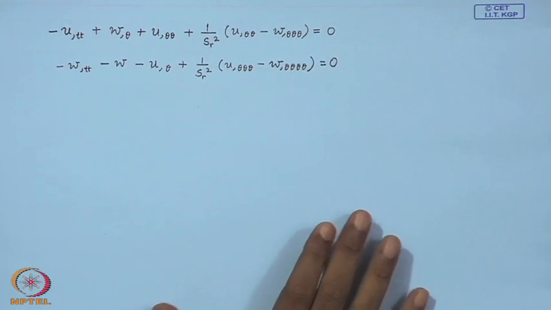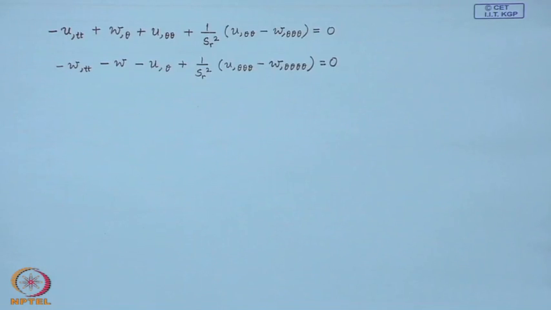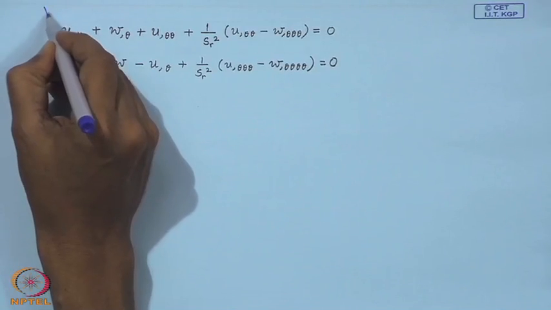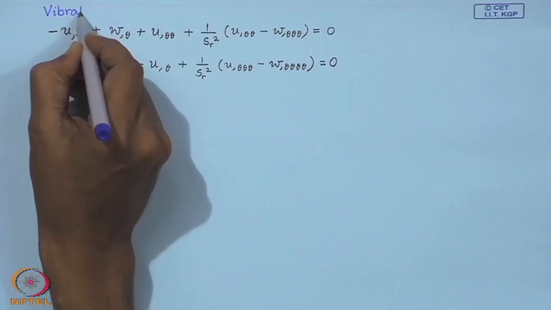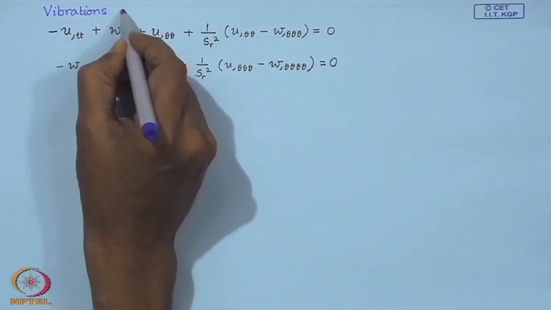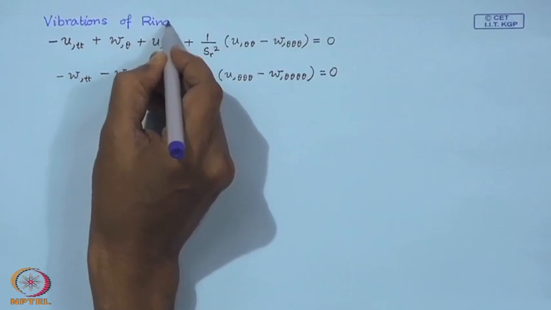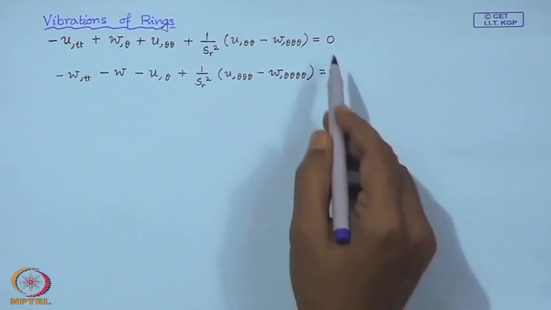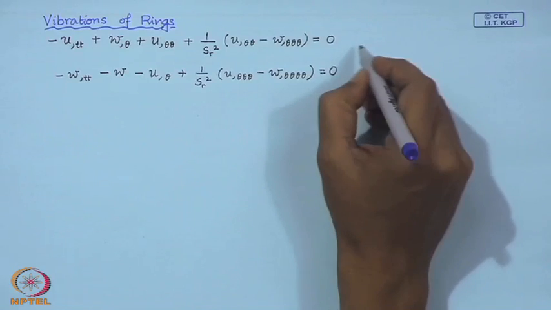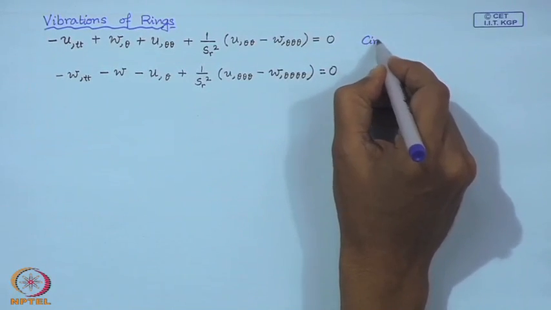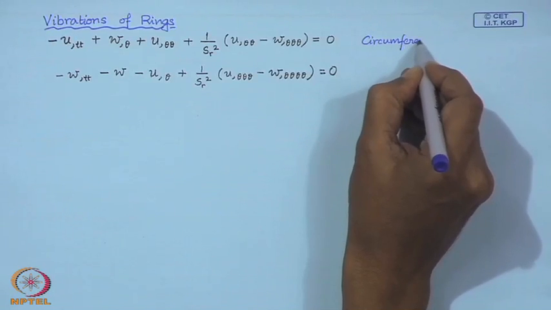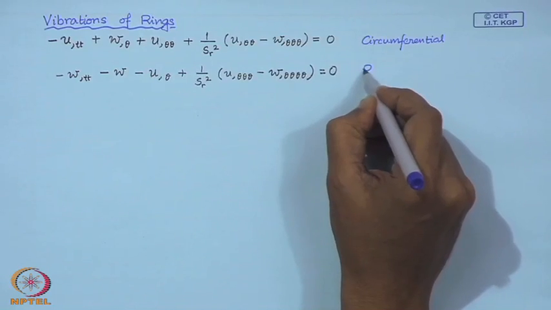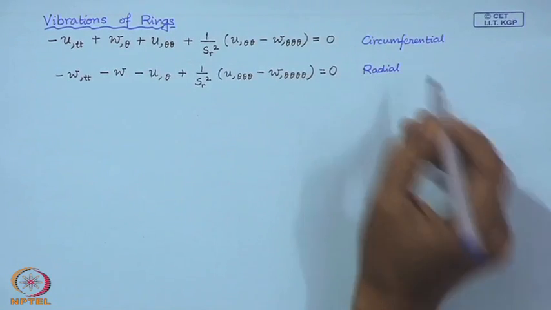So, today we are going to first discuss the vibrations of rings. So, in the case of the two equations of motion, this is for the circumferential motion, and this is the radial or the transverse motion.